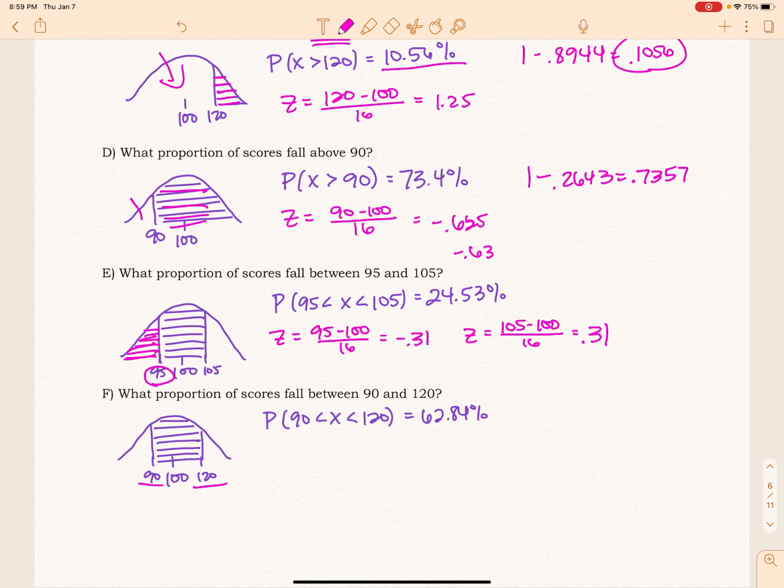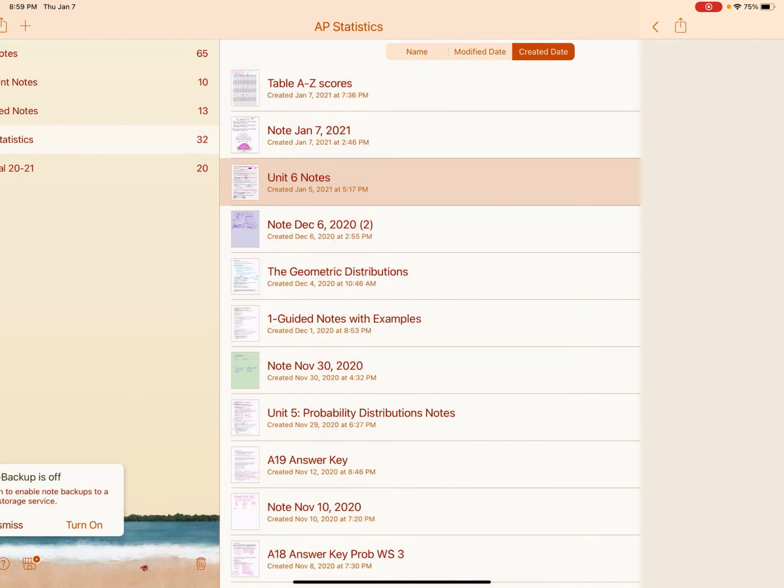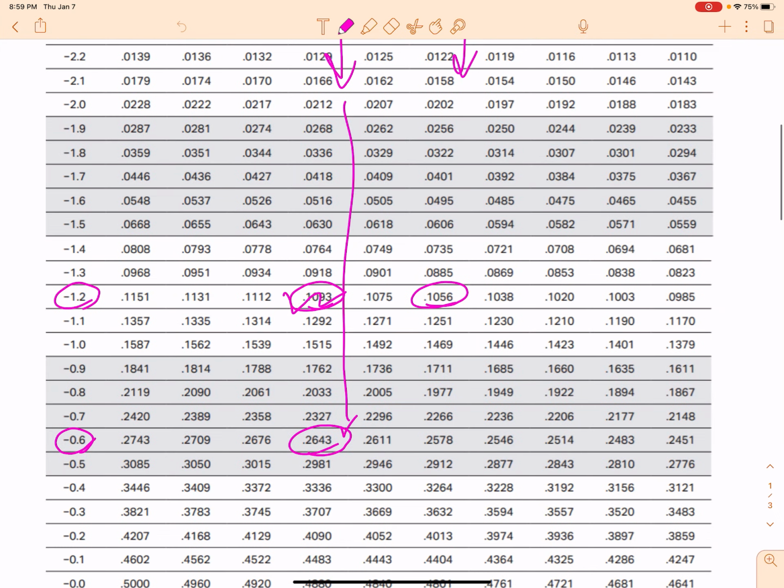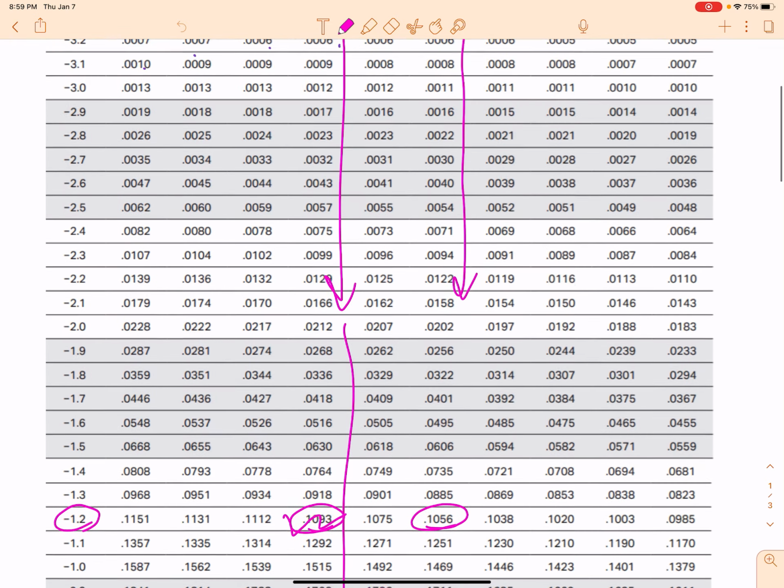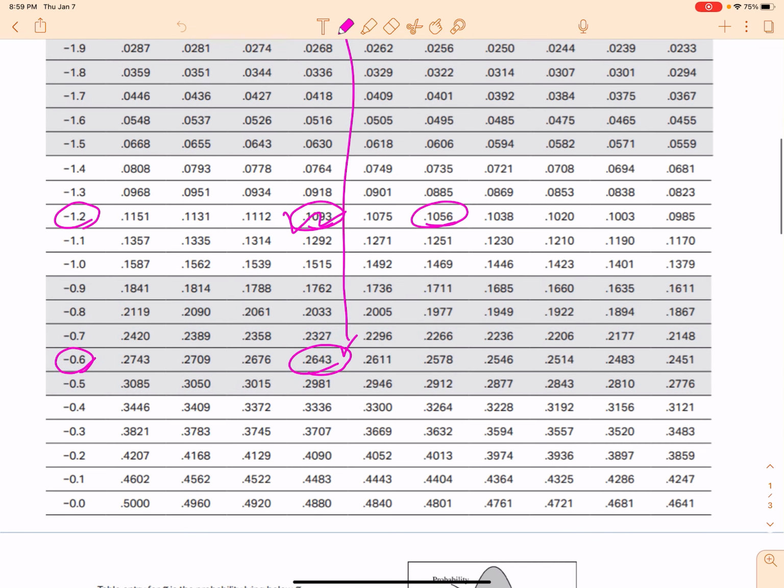So I am going to go ahead and look that up. So negative 0.31, that is going to be this column right here. So 0.3783.